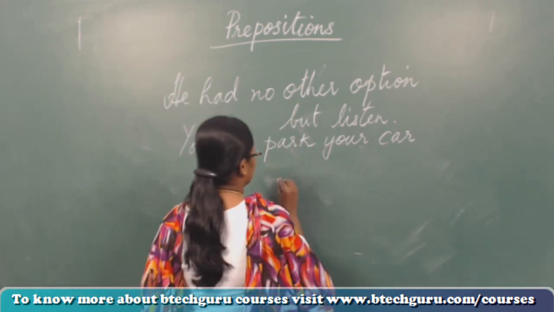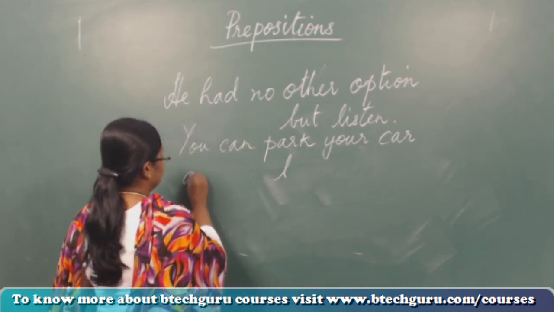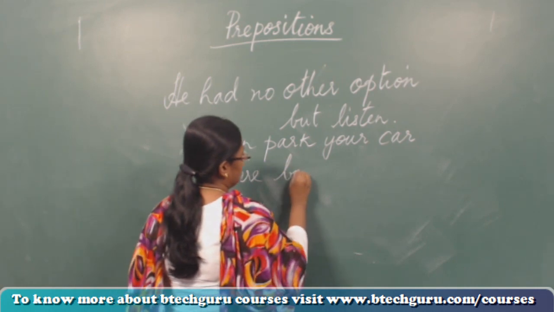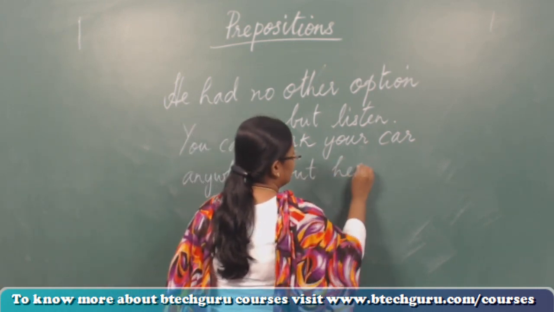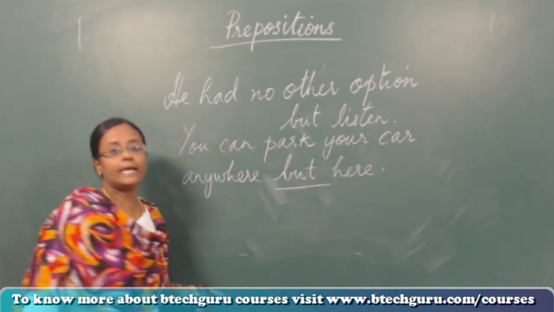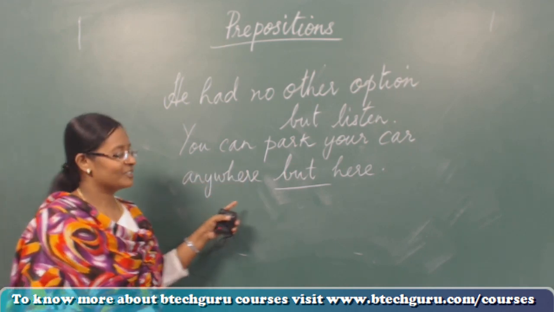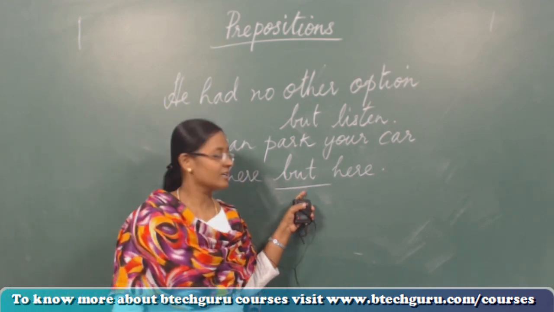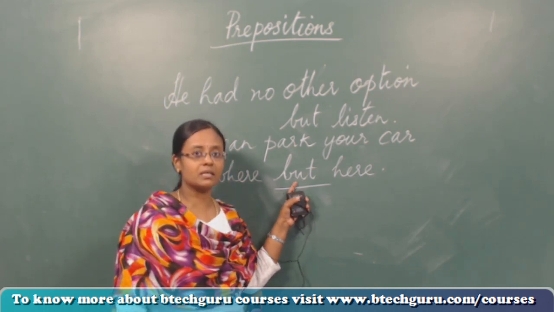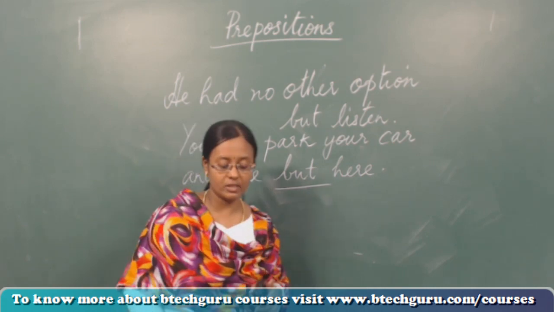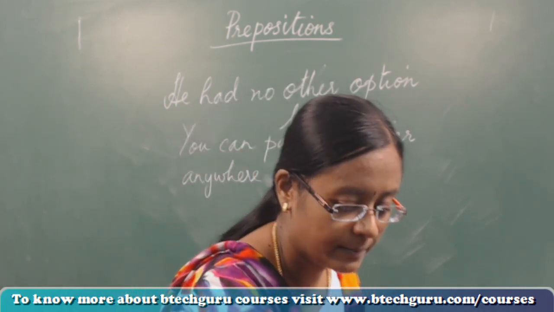You can park your car anywhere but here. This sentence means except here you can park your car anywhere. Though it may sound strange, this is what it means. But here means except, not the usual meaning of the contrast when it is used as a conjunction, right?